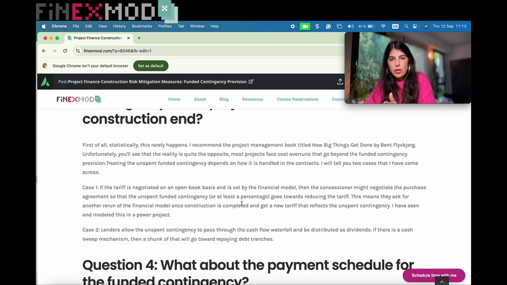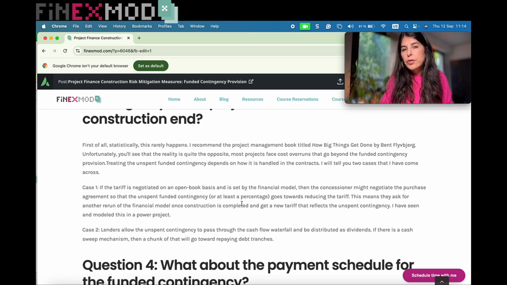So at the end of the construction, if there was any money left in the account, we were rerunning the model at that stage and coming up with a new tariff table that we would replace the old one with. And of course, a percentage of it went to the sponsors as an incentive and as a reward for their great job at completing the project on time, on budget, and even better without spending all the contingency.